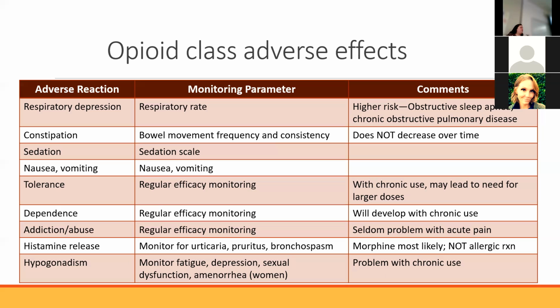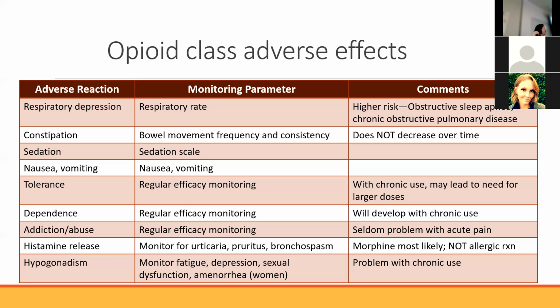Nausea and vomiting, basically over time, tolerance and dependence, the potential for addiction and abuse. Histamine release, an allergic release of histamine. Morphine in particular is well known for this. It directly stimulates the release of histamine, so it's like you're having an allergic reaction. You're just not.